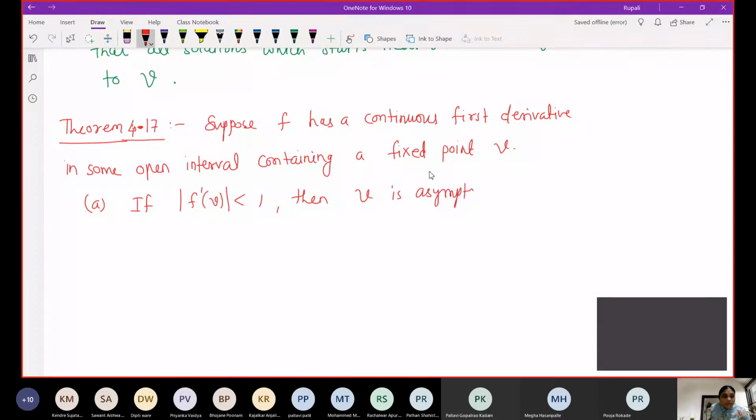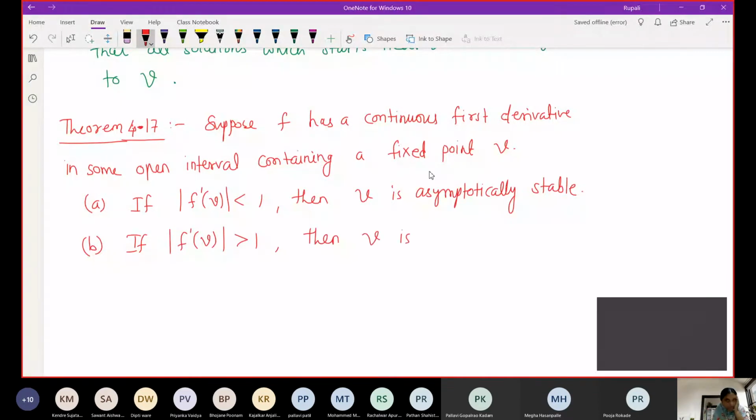And B, if mod of f dash of V is strictly greater than 1, then V is unstable. We want to prove V is unstable.